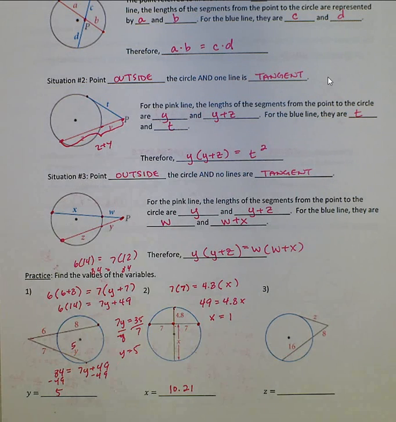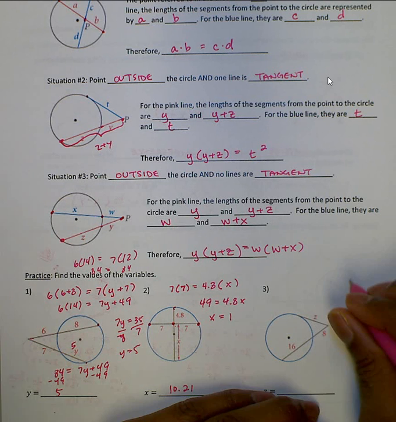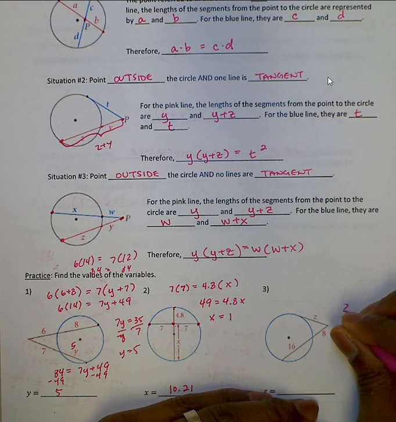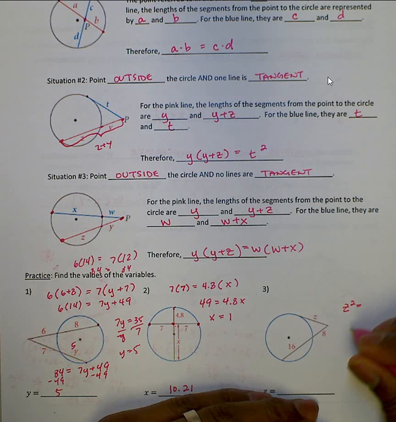And then finally, we have the situation where we have one tangent line, where the lines meet on the outside with one tangent line. And so we have z squared equals 8 times 8 plus 16, which is 24.